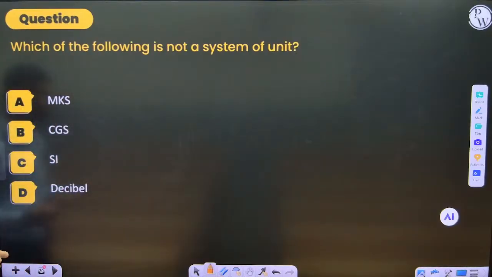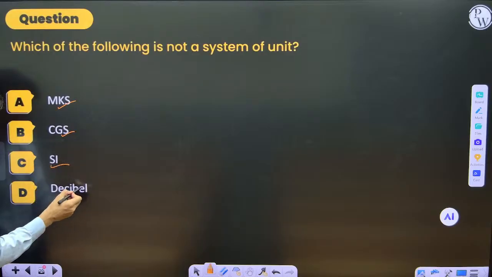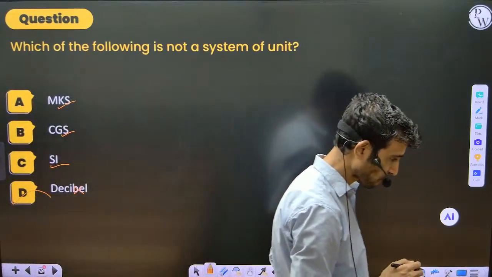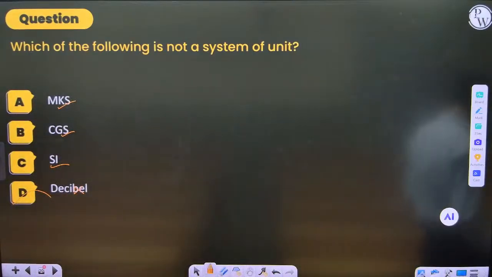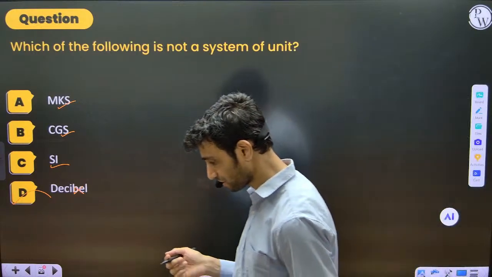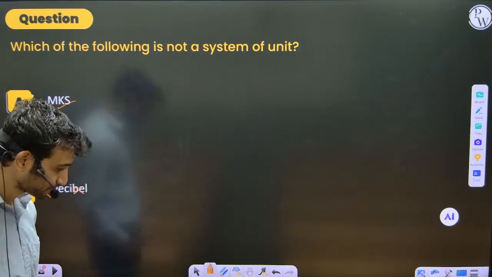Which one is not? MKS? Yes, it is. CGS? Yes, it is. SI? It is. Decibel? No. So that's the correct option. Decibel is not a system of unit, right? Decibel is a unit of something you'll study later on in the sound chapter. It's a unit of loudness.